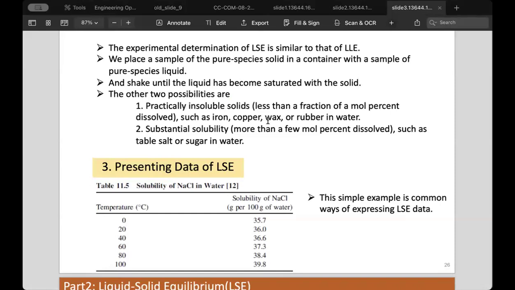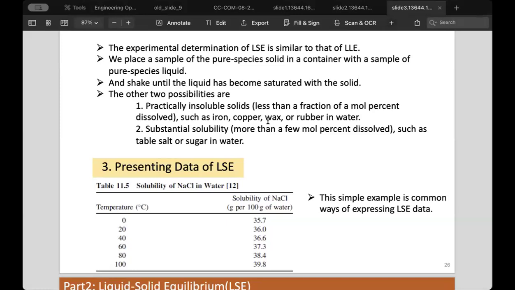Salt is sodium chloride, sea salt. What is the meaning of solubility of sodium chloride in water? This table shows how much sodium chloride can dissolve in water at a certain temperature, right?